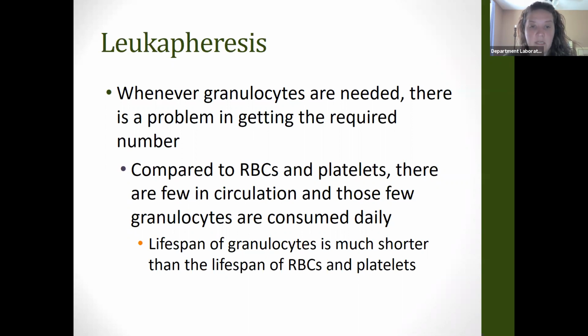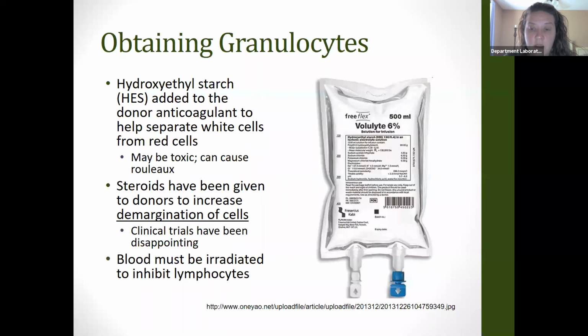So what happens is, usually on these patients, they can be given hydroxyethyl starch, which kind of helps separate the red cells from the white cells, and enhances the ability to get more granulocytes, more yield from that apheresis.